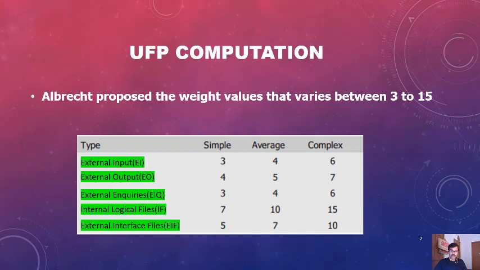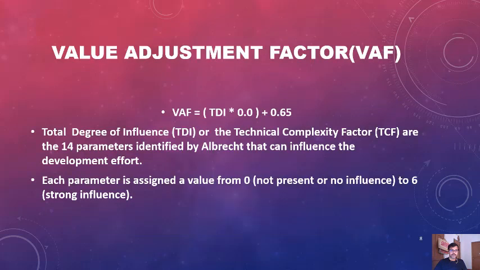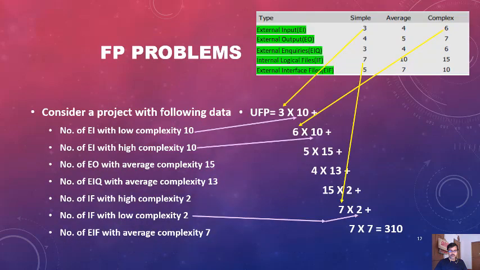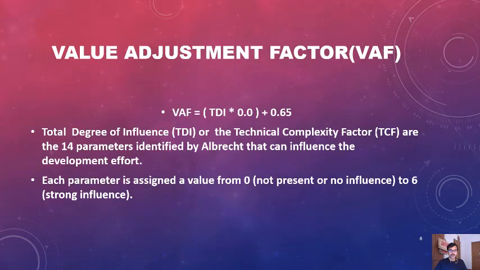Next, we have to calculate the VAF, value adjustment factor. VAF is equal to TDI into 0.01 plus 0.65. Sorry, there was a typo error on the slide. Total degree of influence, or the technical complexity factor, sometimes we call it TDI or TCF.